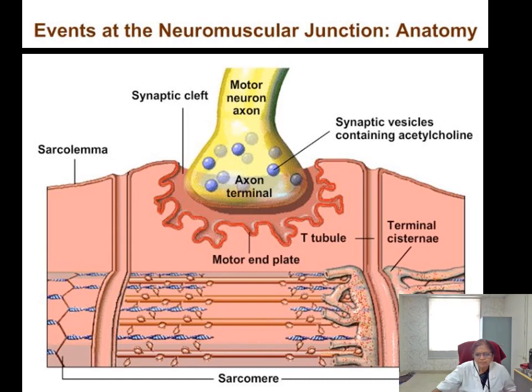Along with this, the action potential can come closer on either side to the cisterns. What are cisterns? They are the storehouse for a high calcium reserve. So the first step for muscle contraction is the spread of the action potential through the T-tubule, coming closer to the cisterns.